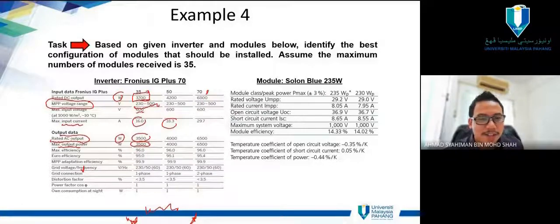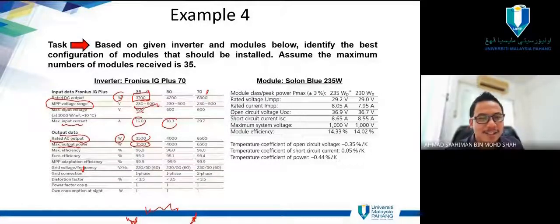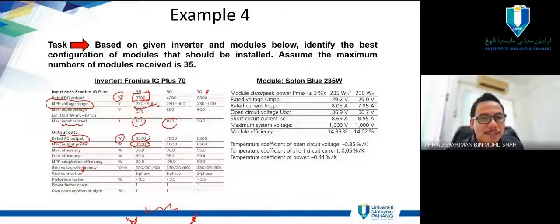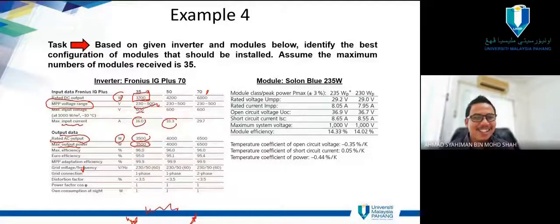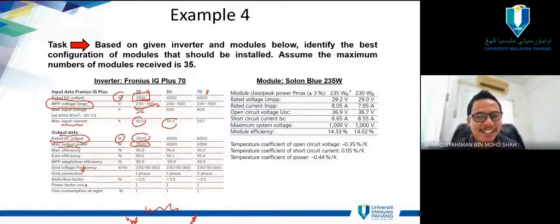3,500. But the reason, he doesn't know the reason. Saya rasa sebab dia minimum kot. Minimum apa? Minimum value. Okay. Kita tanya Fatin lagi.